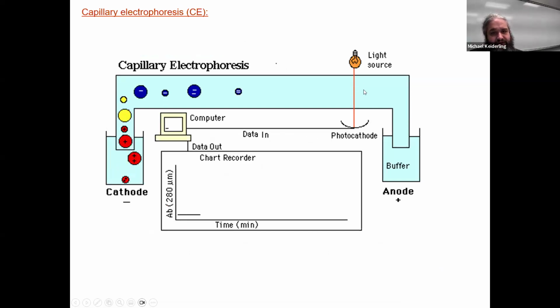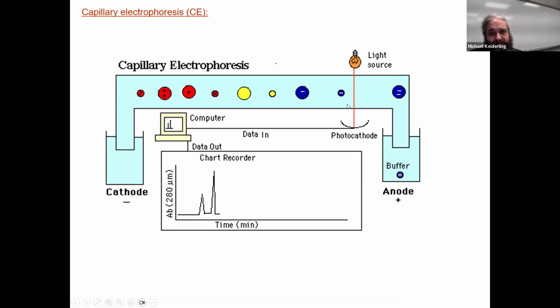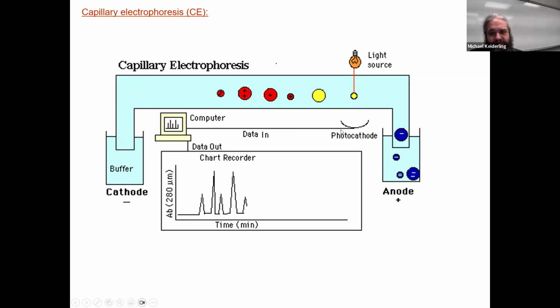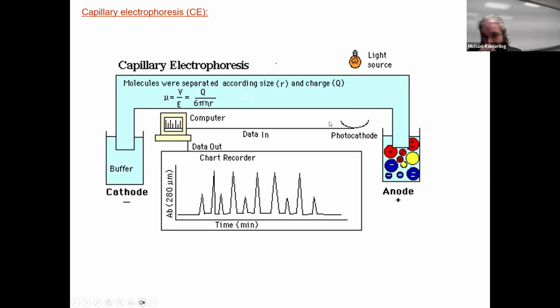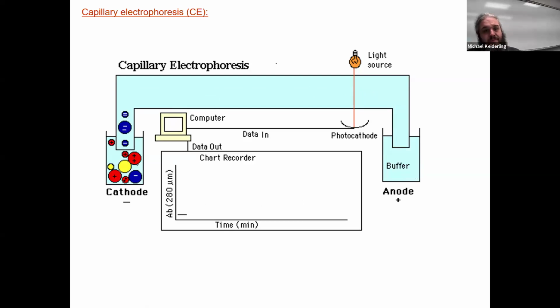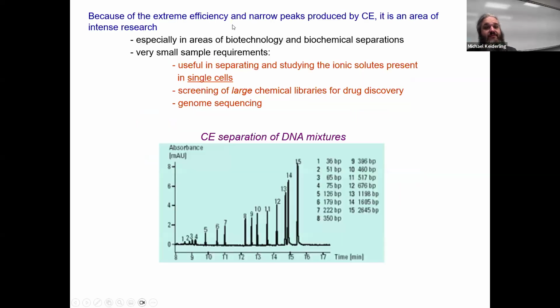So something like this where you have a photocathode, your light source and a photodetector. And because of the extreme efficiency and narrow peaks, it's an area of intense research, especially in areas of biotechnology and biochemical separations.